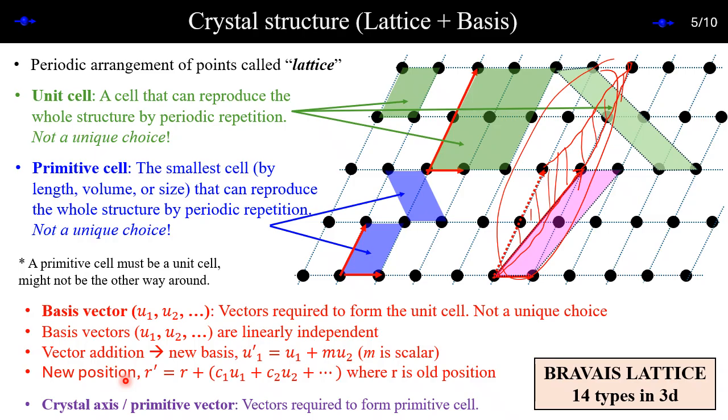Okay, just let me show you how another primitive vector would look. If I add these two vectors, I will get one here. So then my primitive cell could look like this.